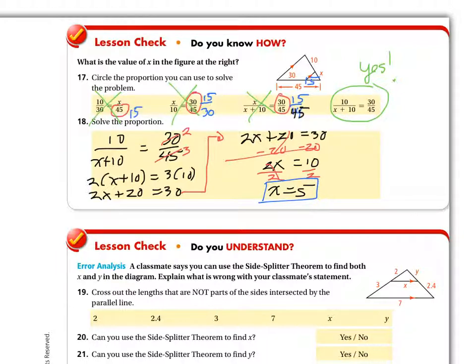How can I check to make sure it works? Plug it in and then do what with it? If x is 5, couldn't I set up a proportion of 5 is to 15 as 10 is to 30? I sure could. What does 5/15ths reduce to? 1/3. What is 10/30 reduced to? So they are equal. So it does check.